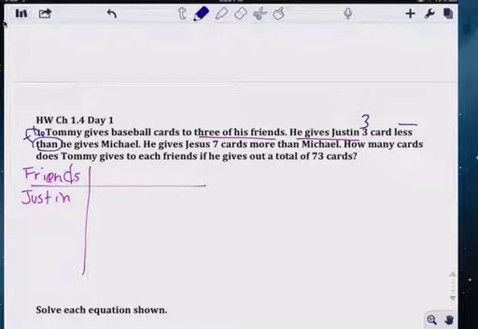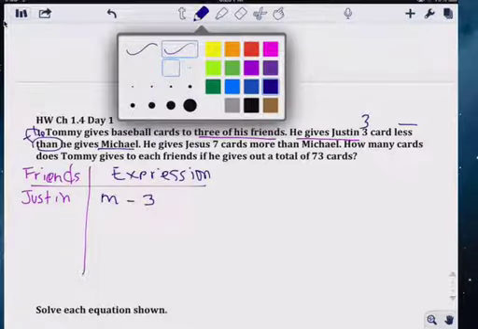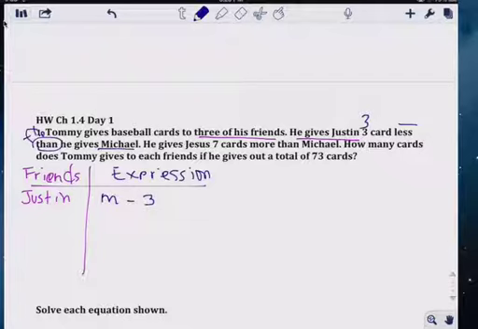Then he gives Michael M. So Michael minus 3. These are called expressions, okay? And once you got that expression, the next one is Michael, obviously, because we got Michael up here.